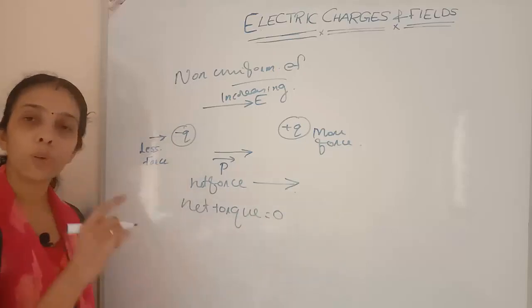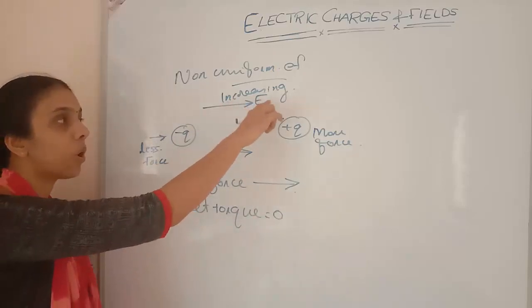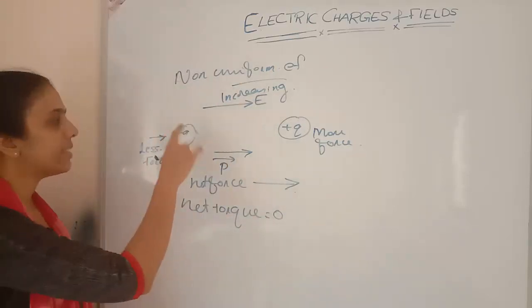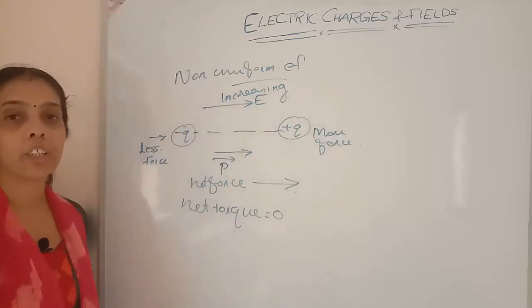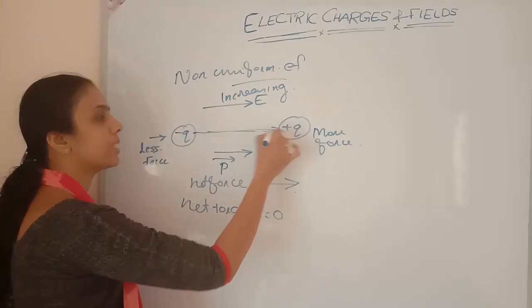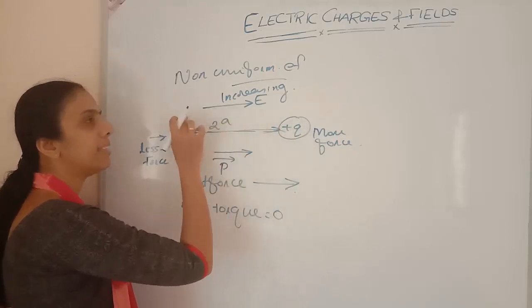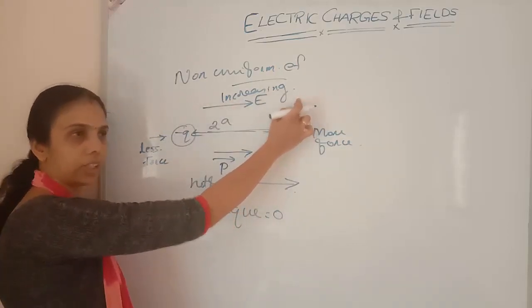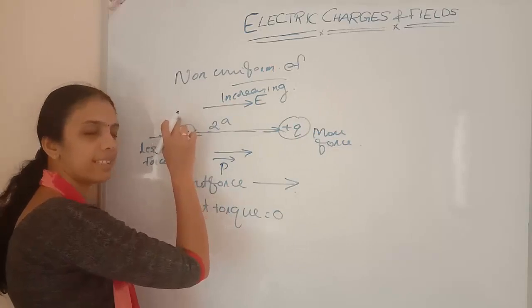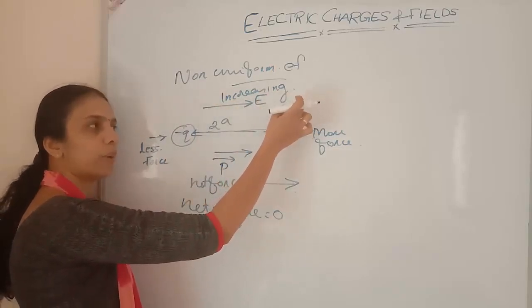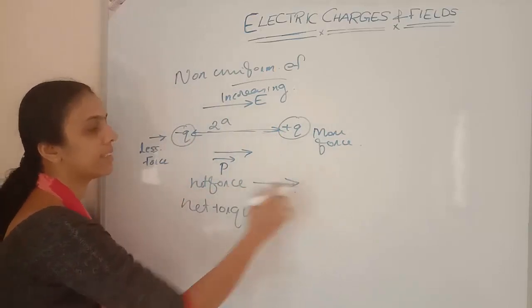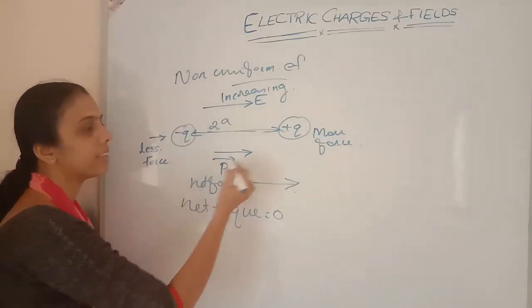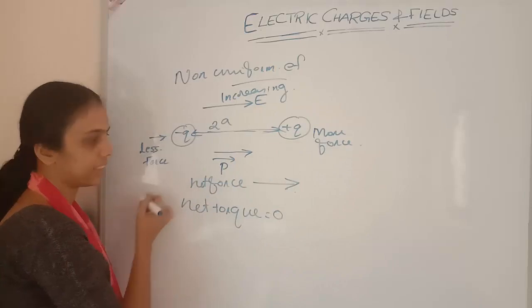So net force is acting if it is a non-uniform field, increasing from minus q to plus q, separated by the distance 2a. Here it is less electric field, and at the side of plus q it is more electric field. But net force will be acting in the direction of increasing electric field.